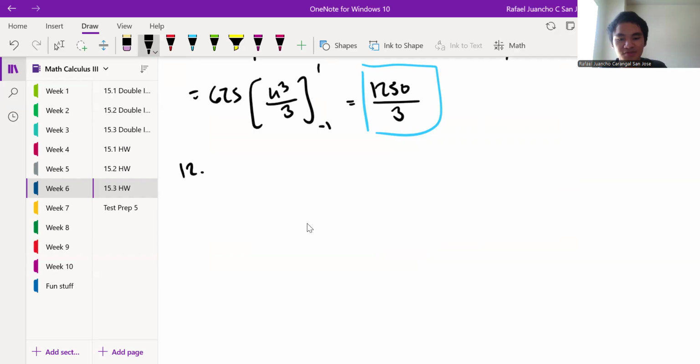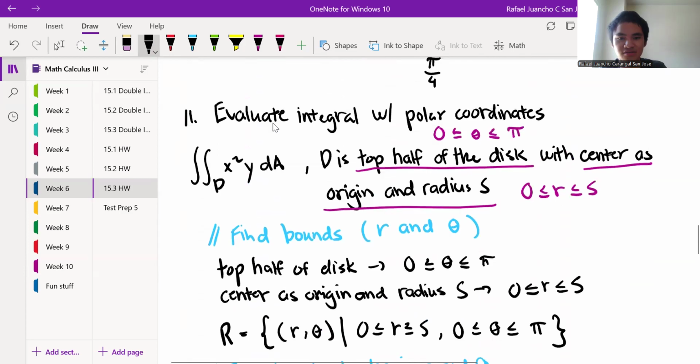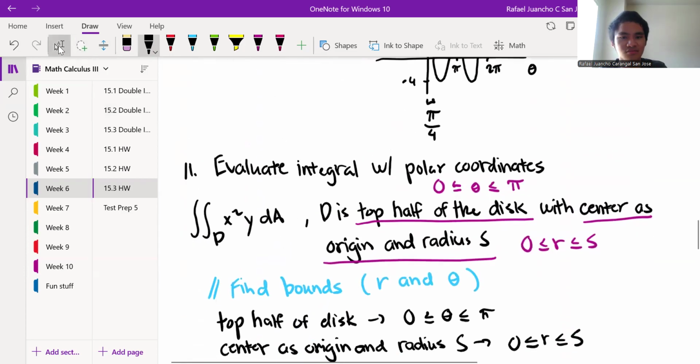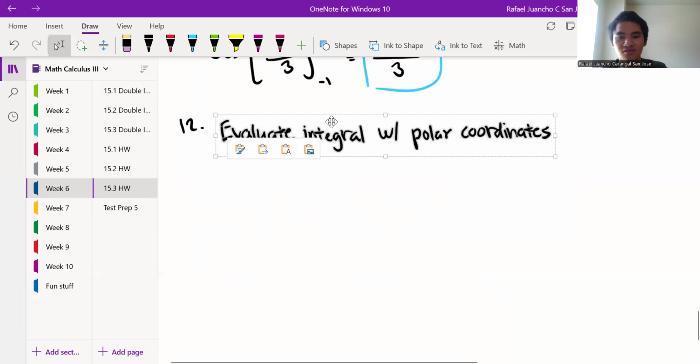Okay, let me do number 12. So again, we evaluate the integral. Same pattern. Actually, I'm going to do this and then call it a day for now.